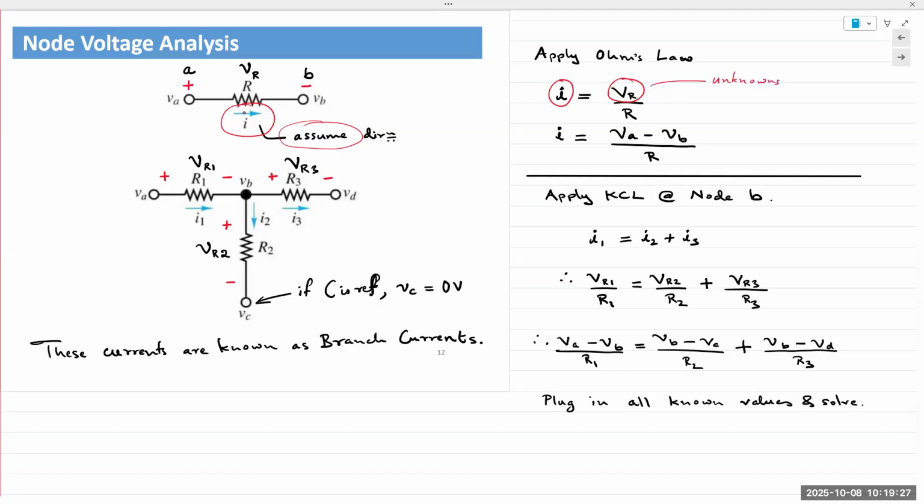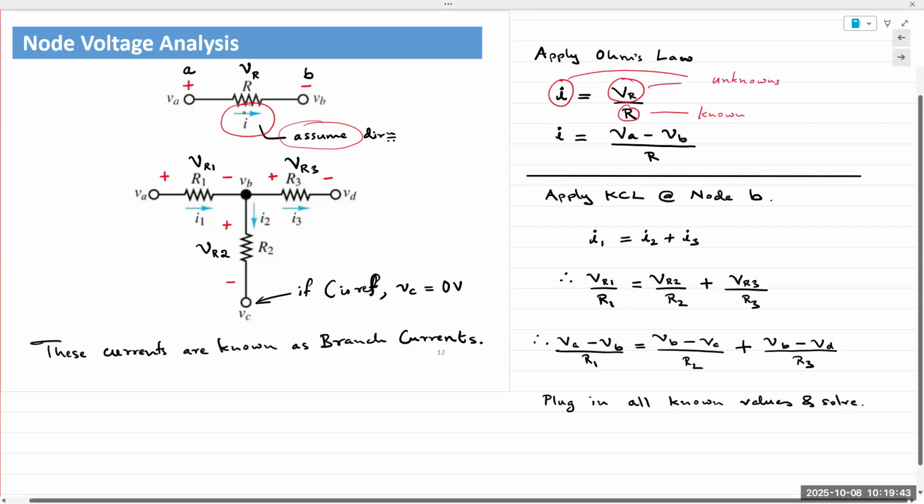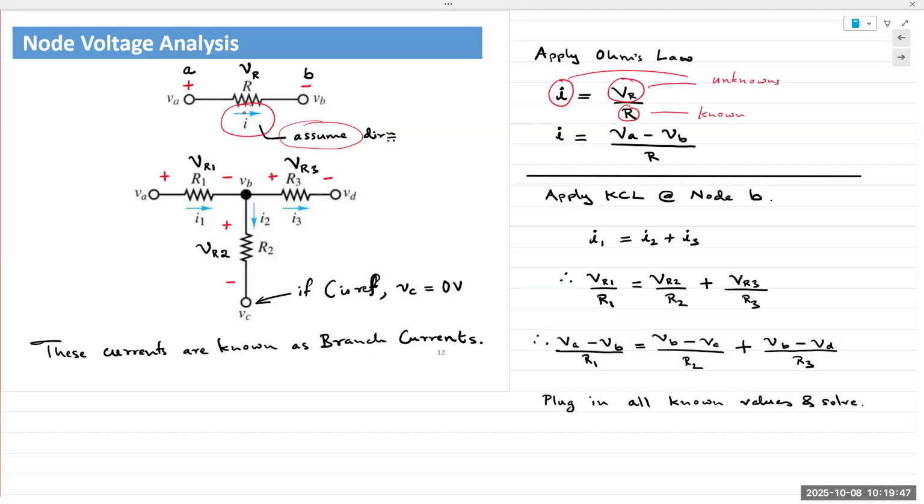The only known value is the resistor R. That's after applying Ohm's law.